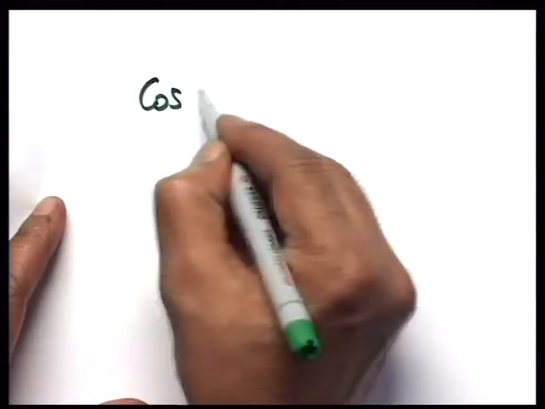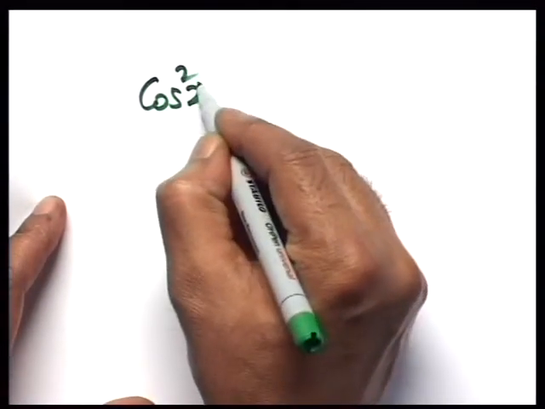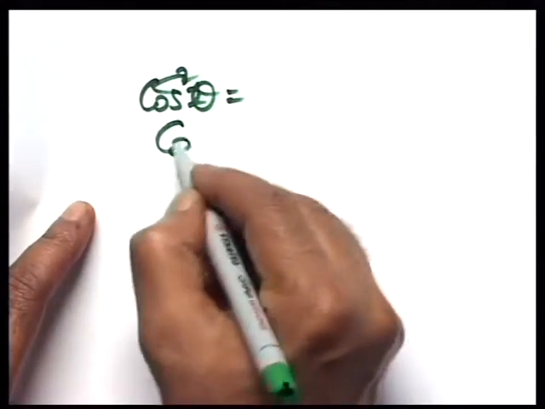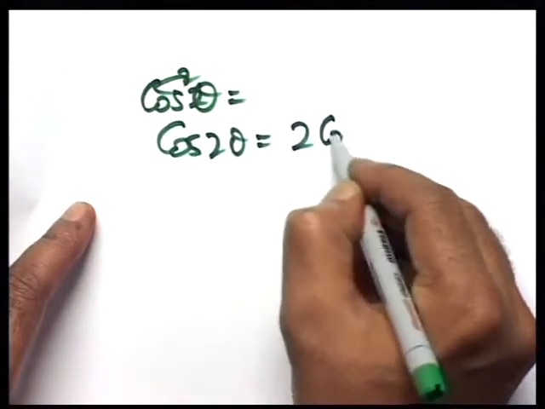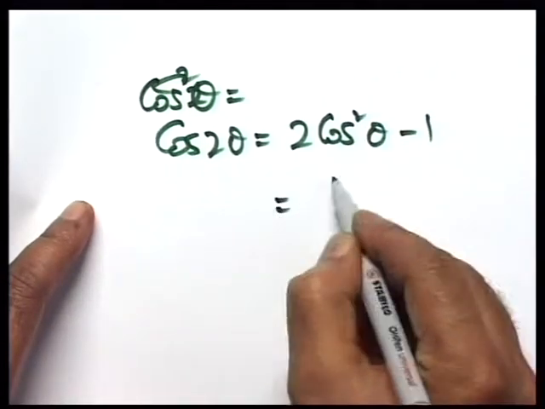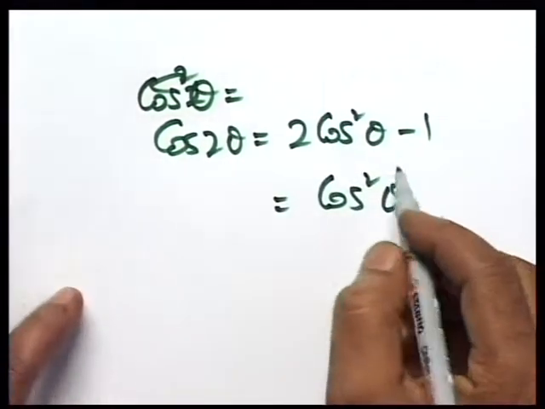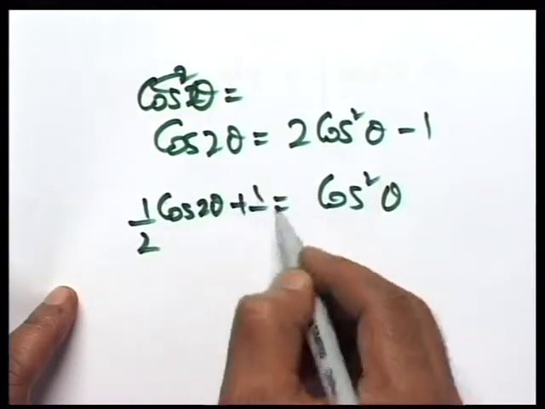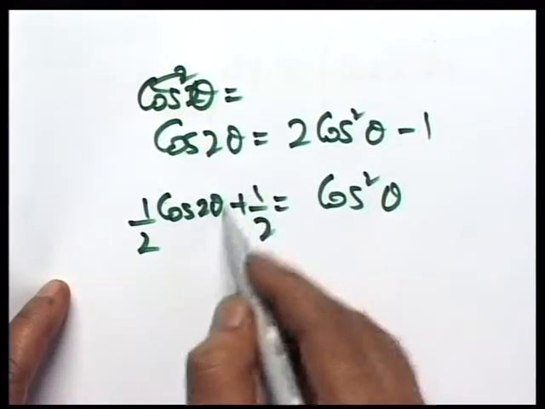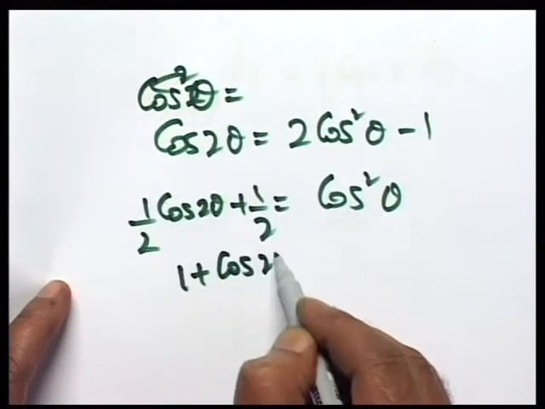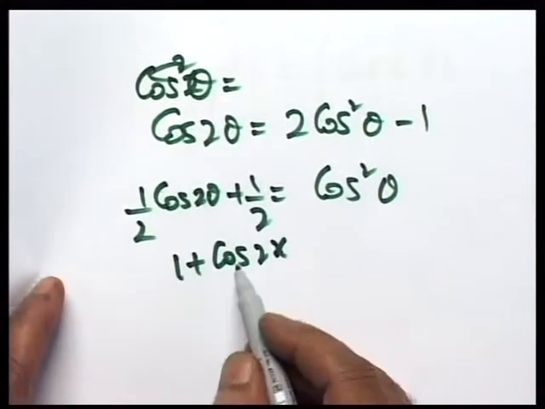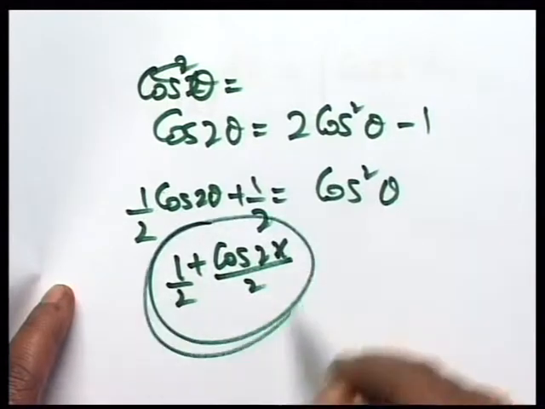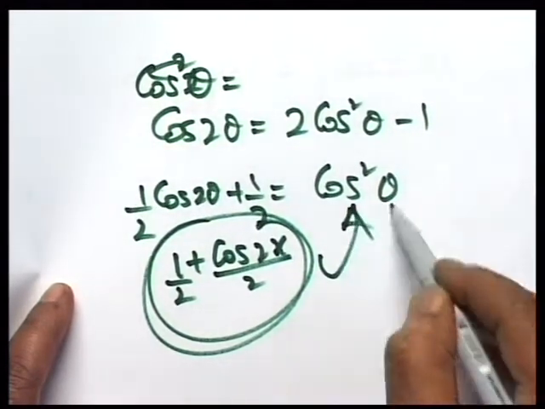We know cos 2 theta is equal to 2 cos square theta minus 1. If you make cos square theta the subject, that's supposed to be a half cos 2 theta plus half. So we have 1 plus cos 2 theta there, if I divide by 2, that can be changed to cos square theta.